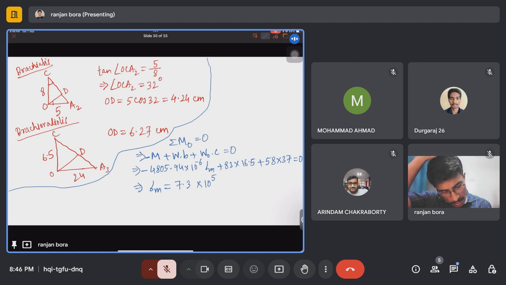What is this unit? This unit was Newton centimeter. I think it is Newton per centimeter square.